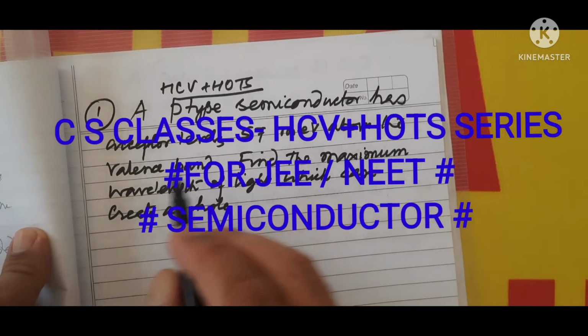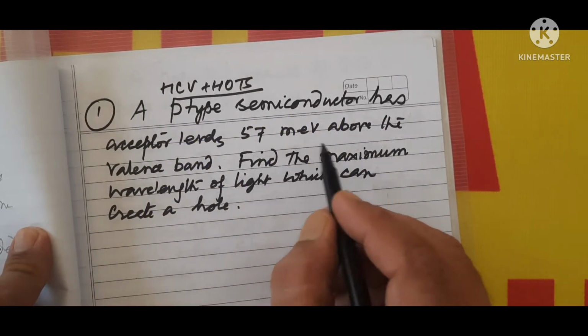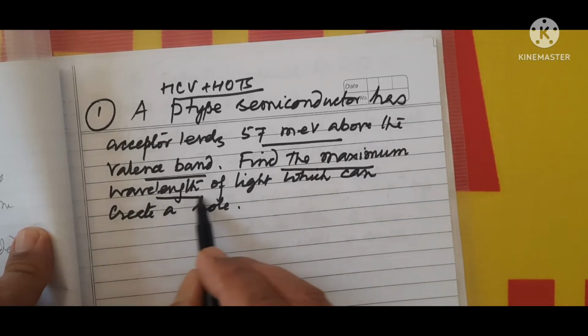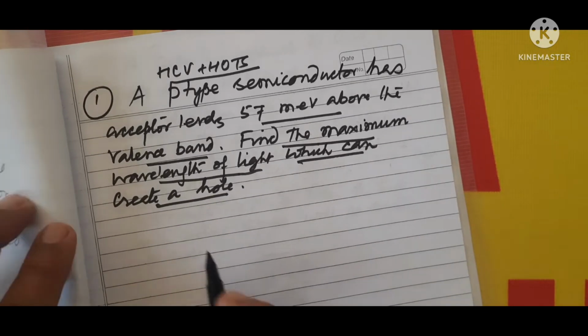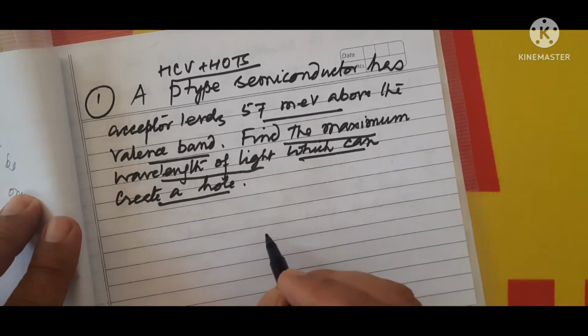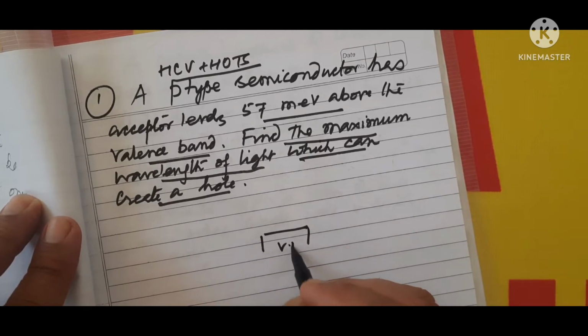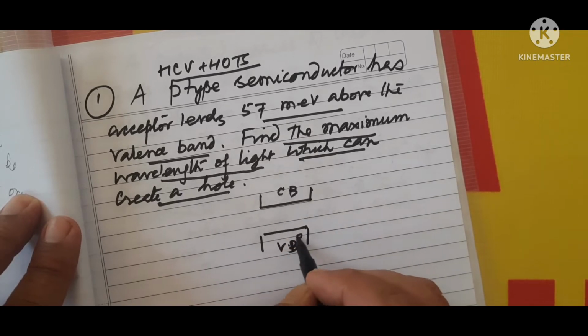A p-type semiconductor has acceptor level 57 milli electron volt above the valence band. Find the maximum wavelength of the light which can create a hole. So here this is the valence band and this is the conduction band, right?